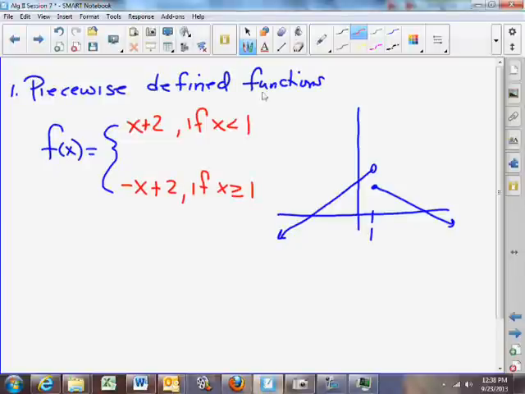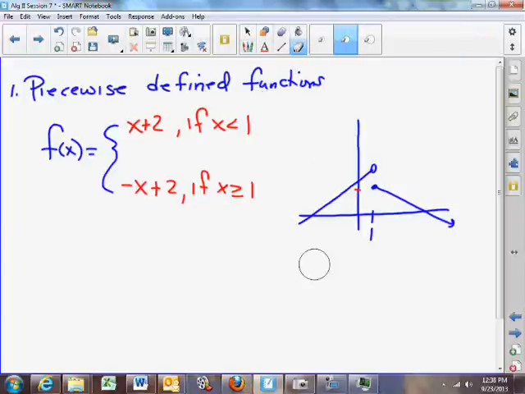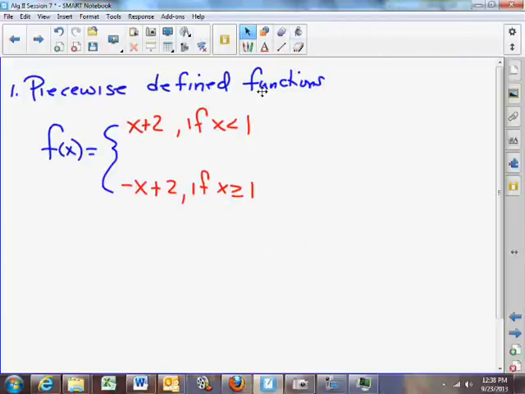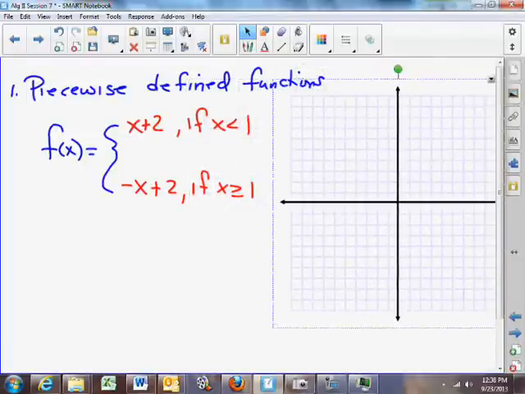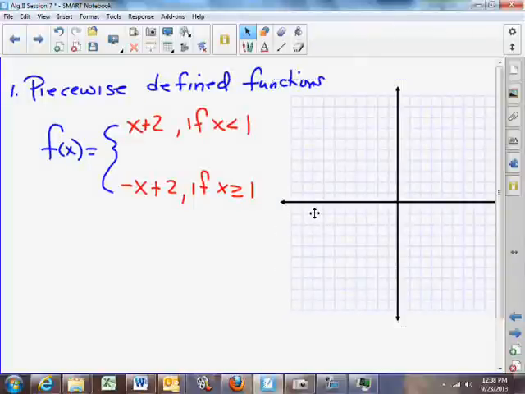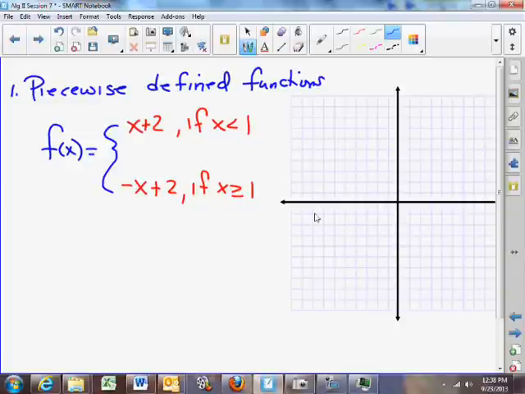Now, let's take a look at the graph of the function that I've written over here. If you were given this function to graph, you would say, I will use x plus 2 whenever x is less than 1. Here's 1 on the x-axis. The line y equals x plus 2 goes through 2 on the y-axis, and it goes up to the right, down to the left with a slope of 1.